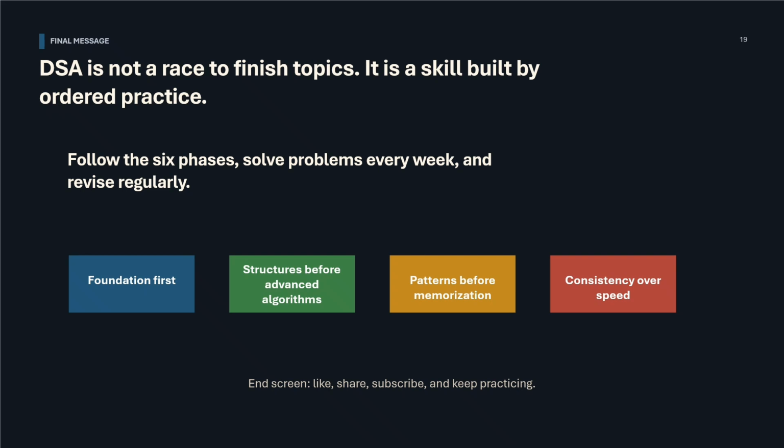Finally, master problem solving patterns like recursion, backtracking, greedy algorithms, divide and conquer, dynamic programming, two pointers, sliding window, and graph traversal. Remember, DSA is not about finishing topics quickly. It is about building problem solving abilities step by step. If you follow this roadmap consistently, practice regularly, and revise properly, you will definitely become strong in DSA.